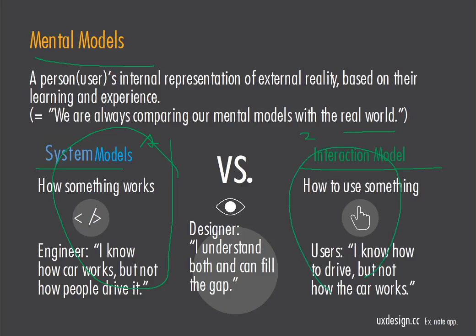They would say, "I know how to drive, but not how the car works." But you, designers, we need to understand both sides and fill the gap to make a good car interface design. We have the hardest job, haven't we?